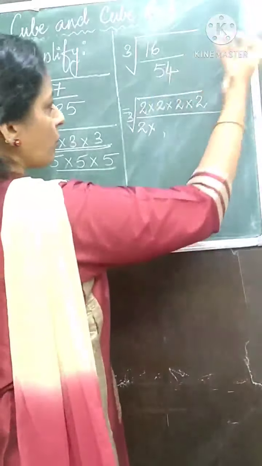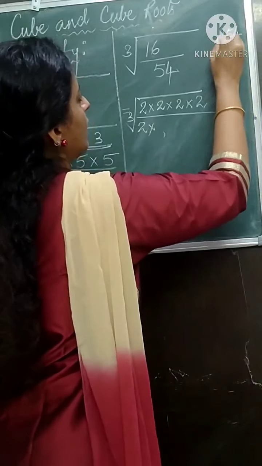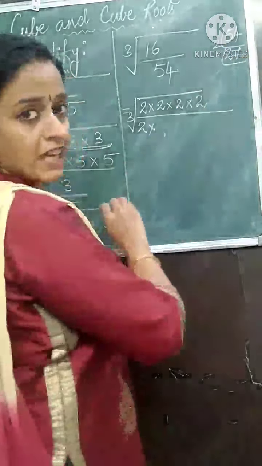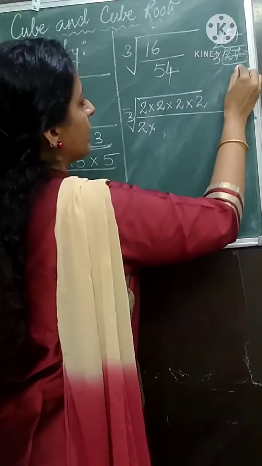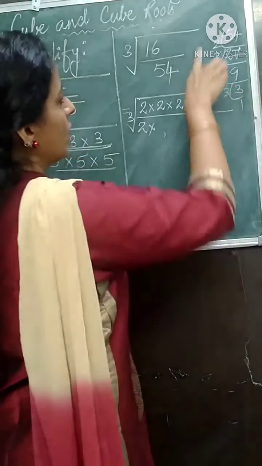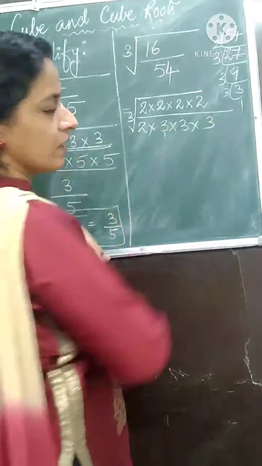If you don't want to divide it mentally, you can write factorize. 2 twos are, 2 sevens are 54. Now this will go in 3's table. 3 nines are 27, 3 threes are 9, 3 ones are 3. Copy: 2 into 3 into 3 into 3.